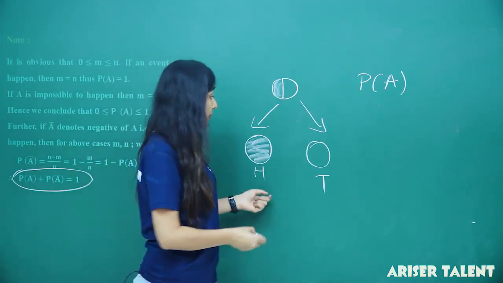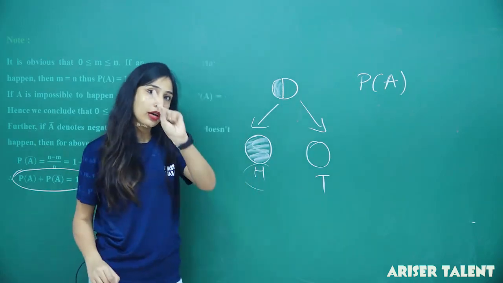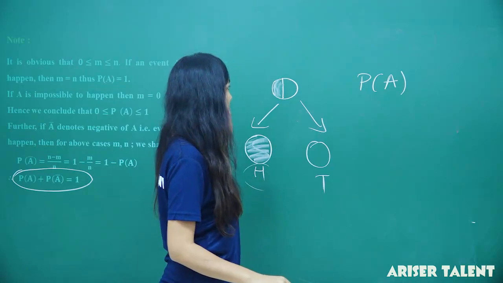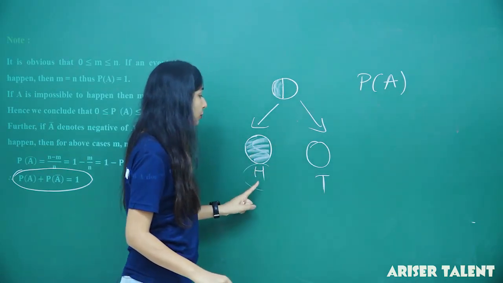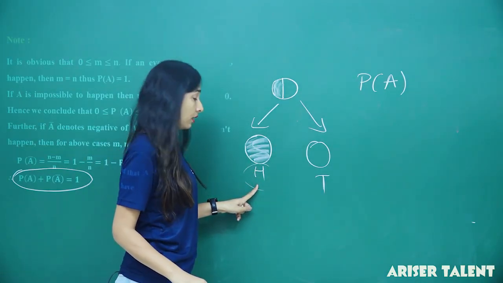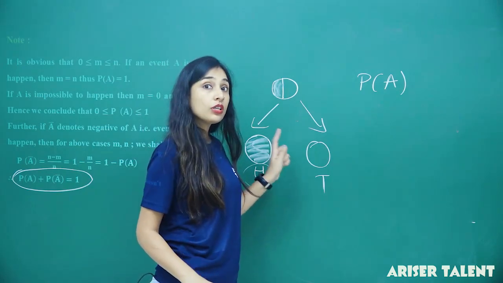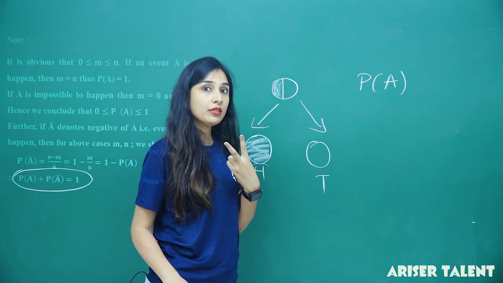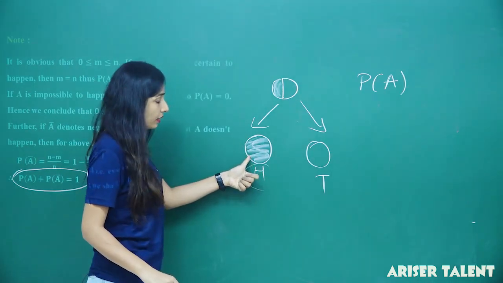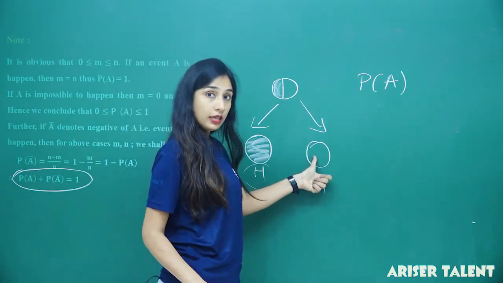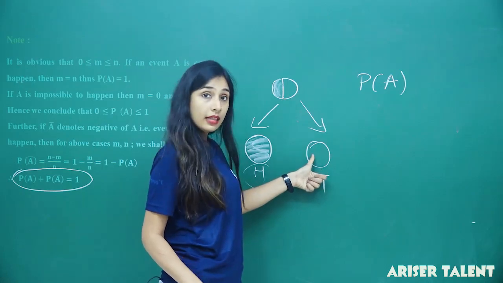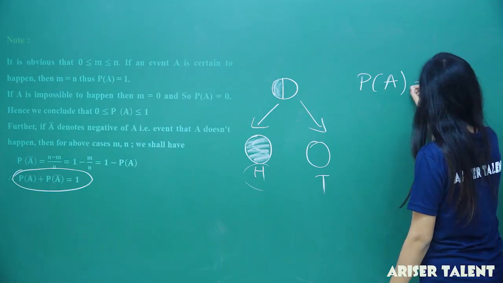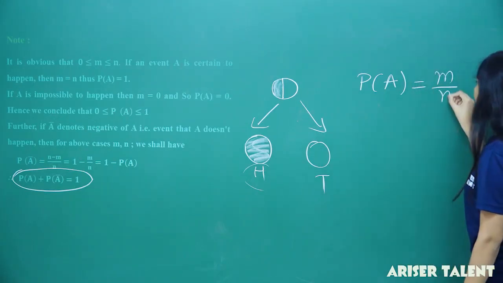Now, the possibility of head, I'm tossing only one coin. So if I'm tossing only one coin, the possibility of head is what? Total number of outcomes is 2. Either it will be head or it will be tail. So P(A) will be equal to M by N.